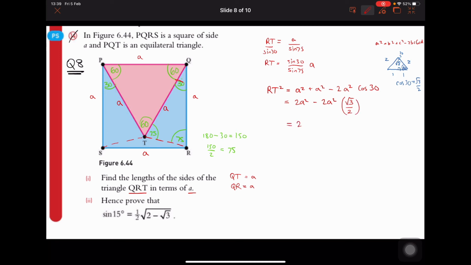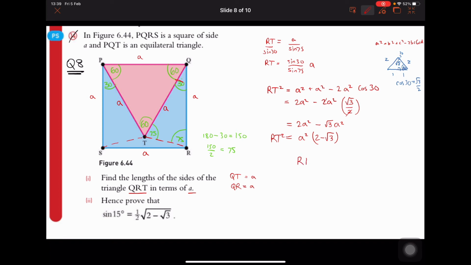So we have 2a squared, take away, these two cancel out. So root 3 a squared equals a squared times 2 take away root 3. Bear in mind this is RT squared. So now let's square root both sides.